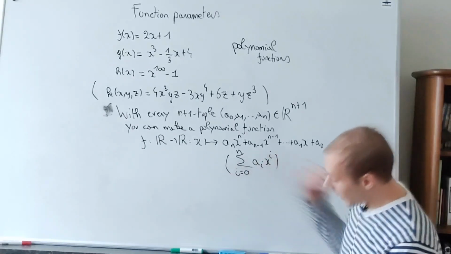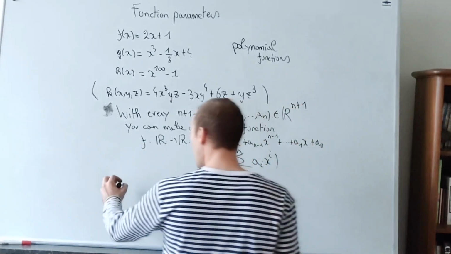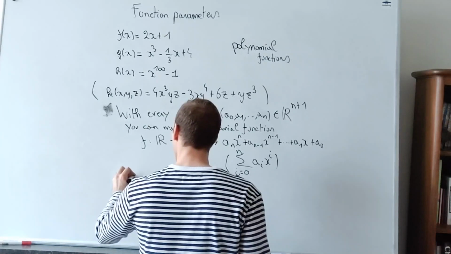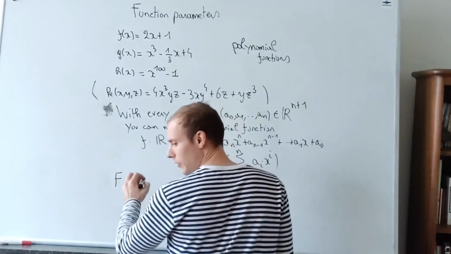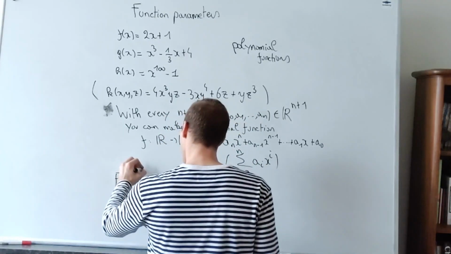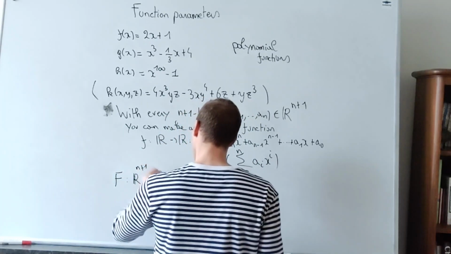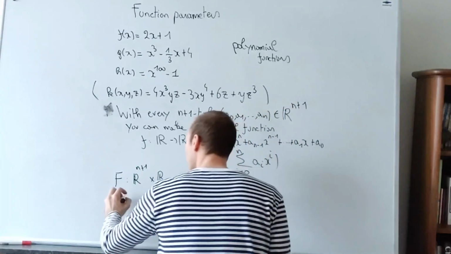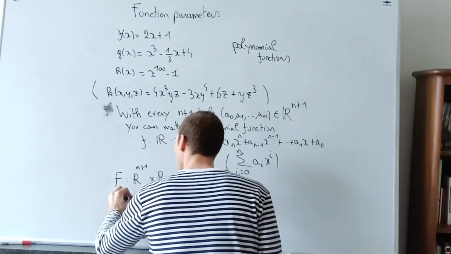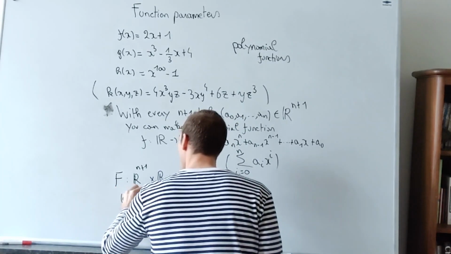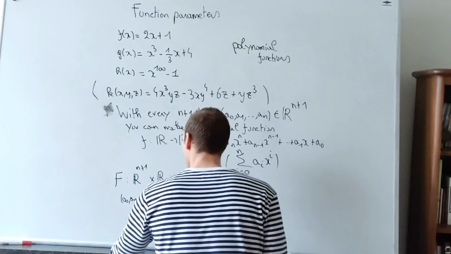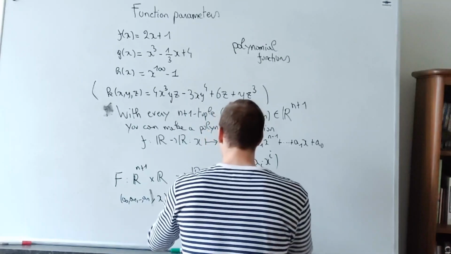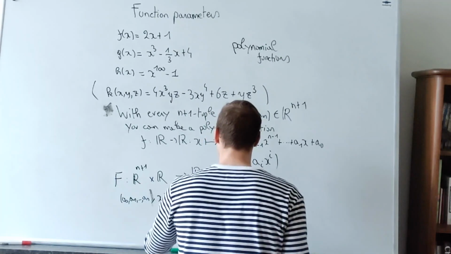And so what we can also consider is this giant function, big F, where we go from R to the power n plus 1 product with R to R, which maps such an n plus 1 tuple, comma, a certain point x, to exactly this sum.